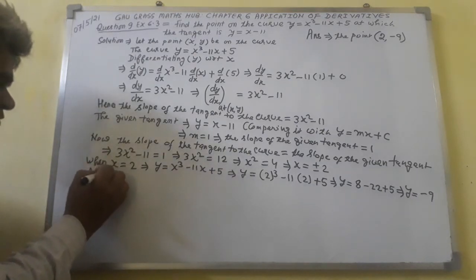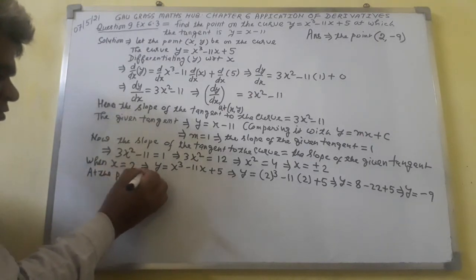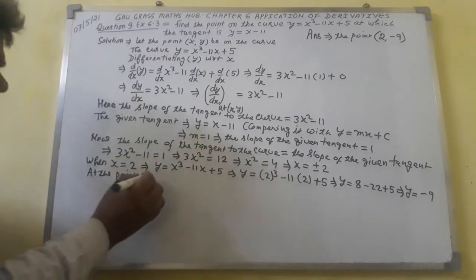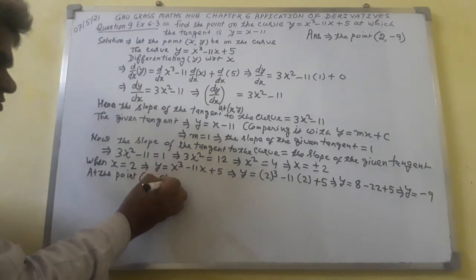At this point, x equal to 2 is the abscissa and y equal to minus 9 we have got.